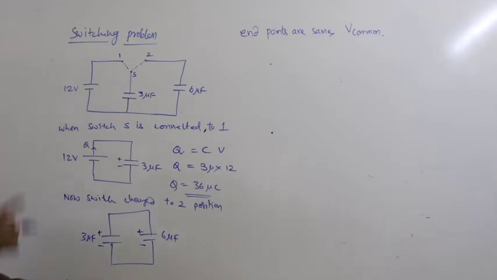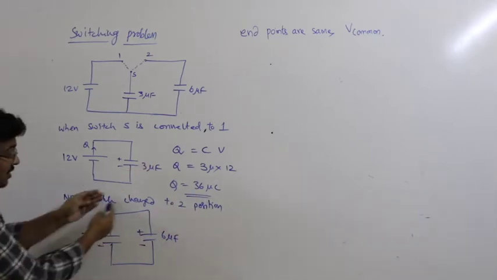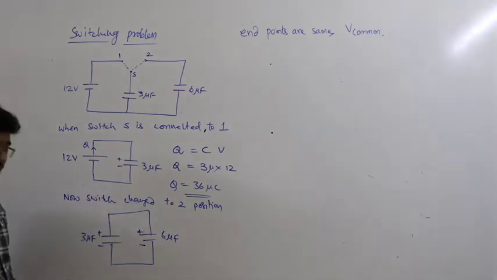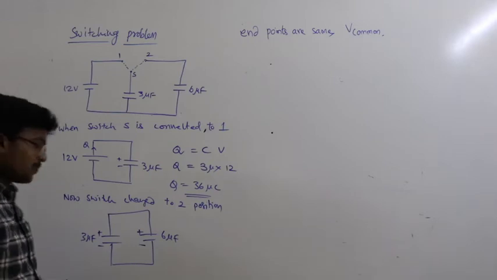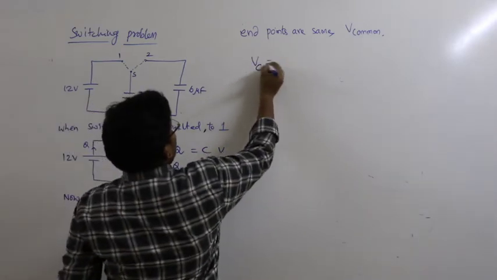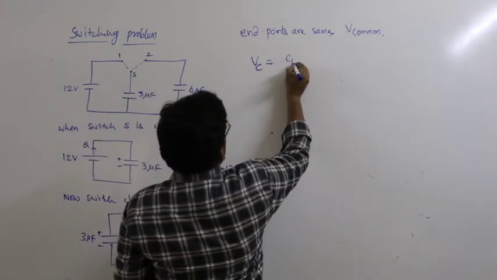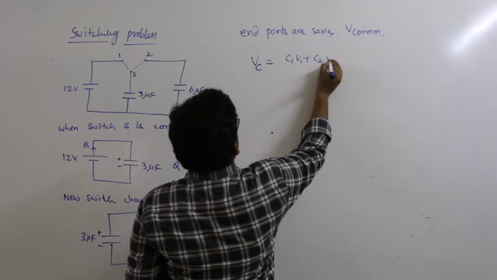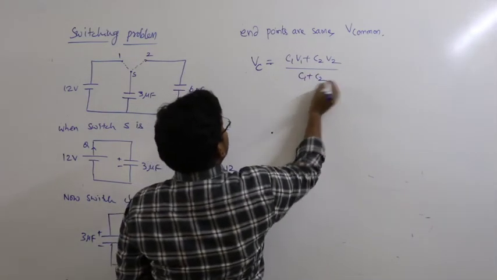Now can I say like this, the total charge of this one is 36, and that 36 will redistribute again between 3 micro and 6 micro. So how to find the common potential? The common potential formula we know already: C1 V1 plus C2 V2 by C1 plus C2.